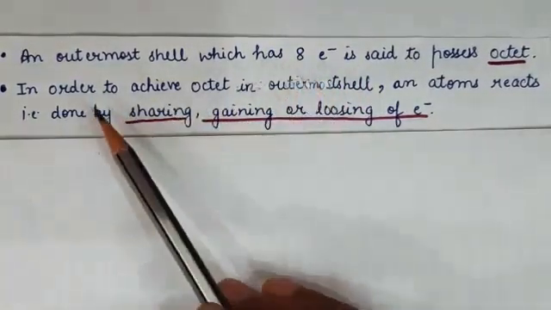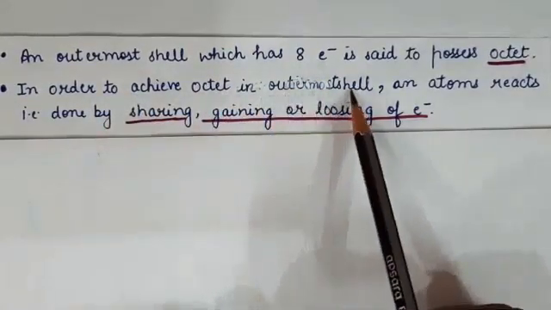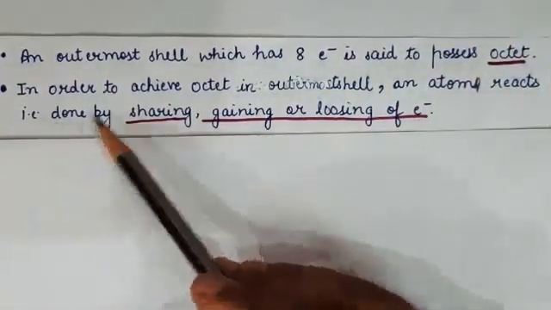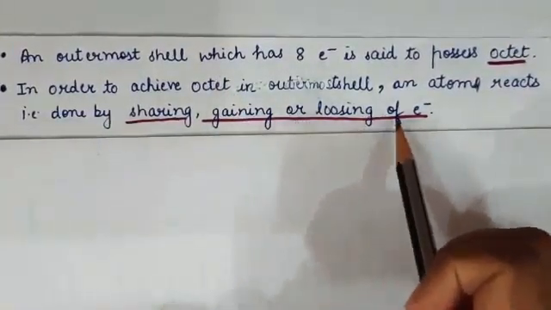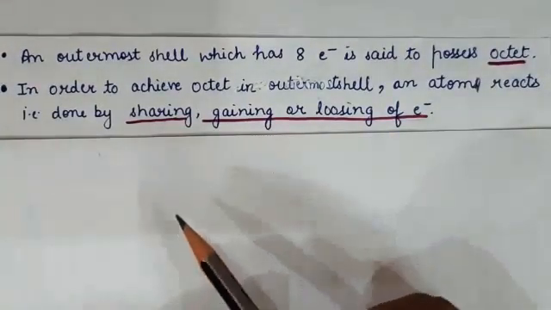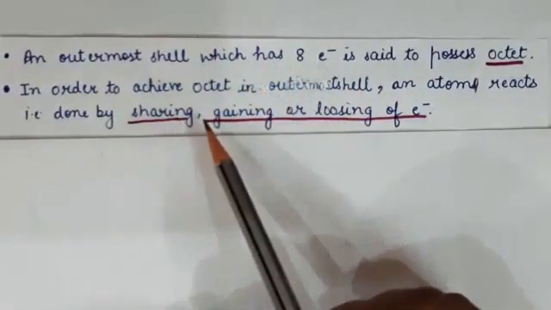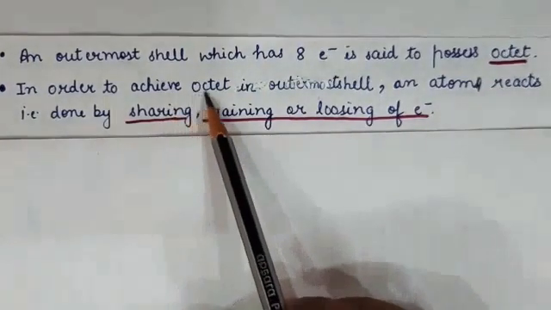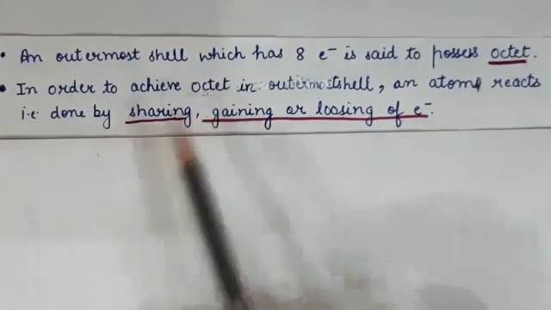So in order to achieve an octet in the outermost shell, an atom reacts. That is done by sharing, gaining or losing of electrons. Why? Because we need to complete the octet.